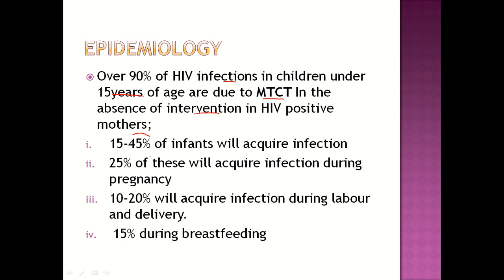So 15 to 45% of infants will acquire infection. 25% of these will acquire infection during pregnancy. 10 to 20% will acquire infection during labor and delivery. 15% during breastfeeding. So there is a 90% chance that HIV infection will be passed from mother to infant if there is no medical intervention during pregnancy, delivery, or breastfeeding.